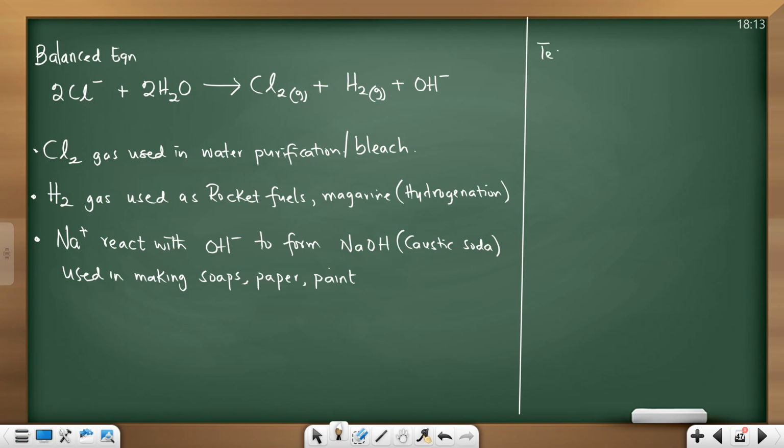Okay. Please, just an additional stuff. What is the test for hydrogen? I'll be so happy if the examiner brings this. Test for hydrogen. So the examiner is going to say, how do you know that it's hydrogen that is formed?